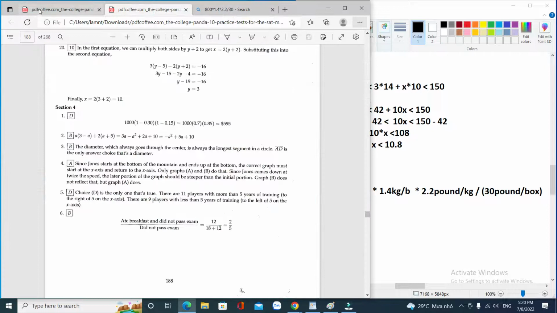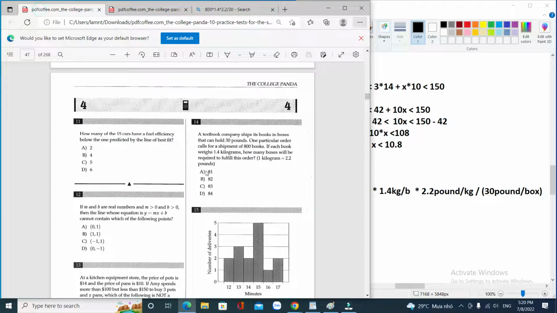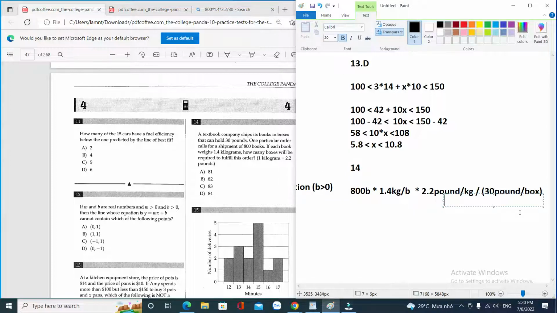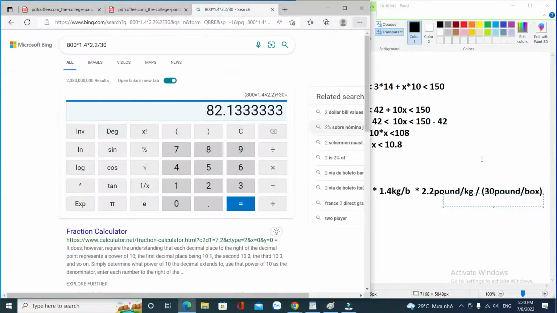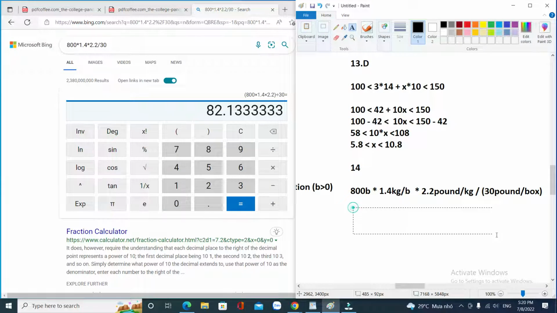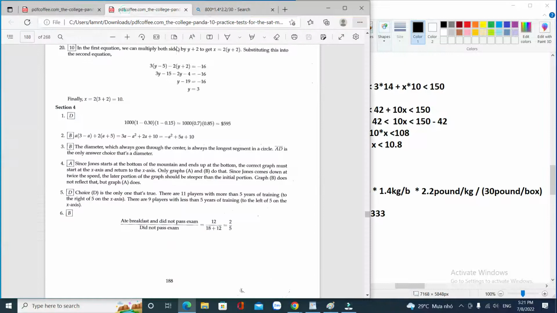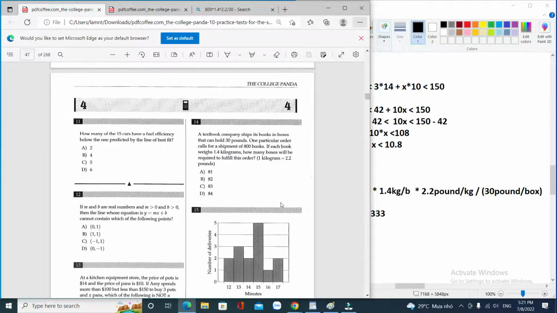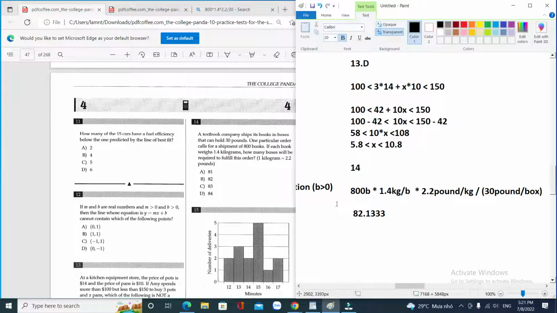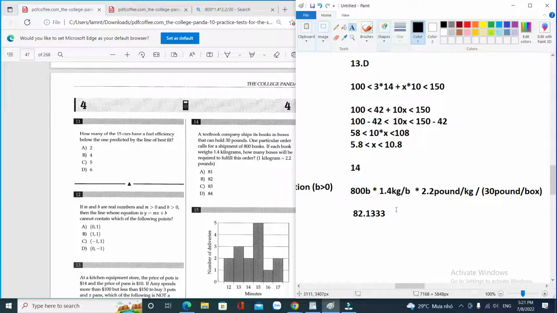So how many boxes will be required to fulfill this order? It's 82.13. So in order to fulfill this load, we're actually going to need more than 82, so it should be 83.